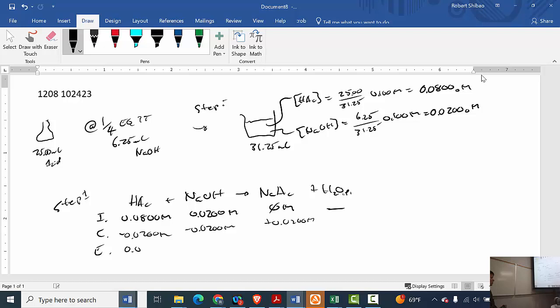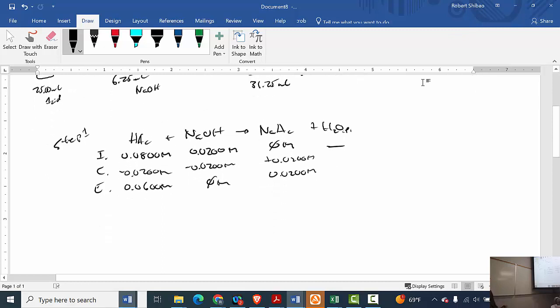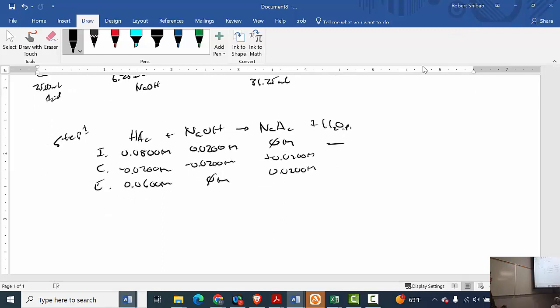And so we're going to end up with 0.0600, 0, and 0.0200. So this mixture here at the end is a HAc and NaAc mixture.